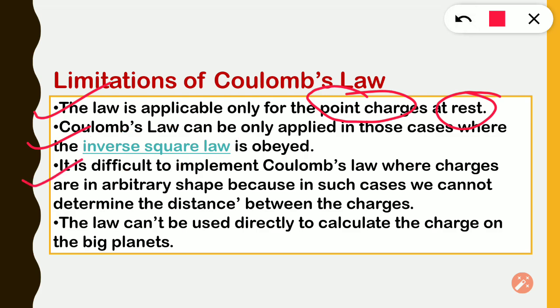Third point is, it is difficult to implement Coulomb's law where charges are in arbitrary shape. Suppose one house is there and charge is on it, some different, arbitrary shape. It is very difficult to calculate the distance between such two objects, so we cannot apply Coulomb's law.